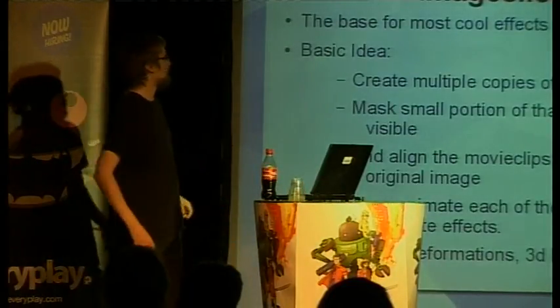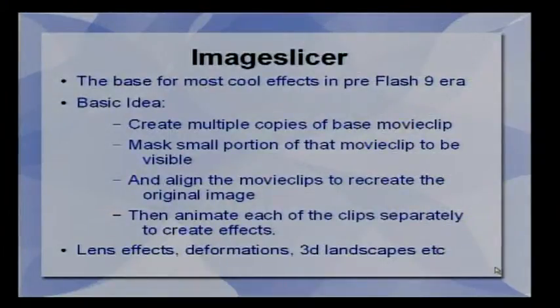Which is one of the cool effects of the Flash 5 era. Basic idea is that you take any host movie clip or image, and then you make like 20 copies of it. And then you mask different parts of that clip with a mask clip, so only a small slice of the image shows.